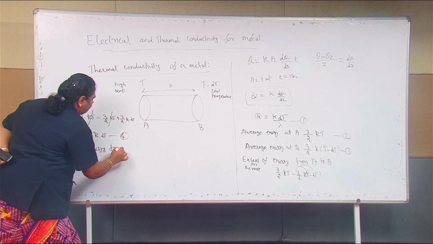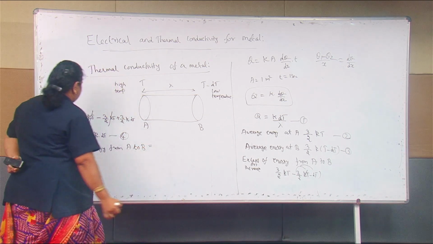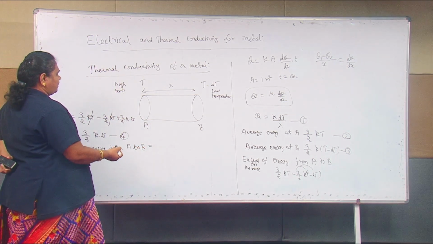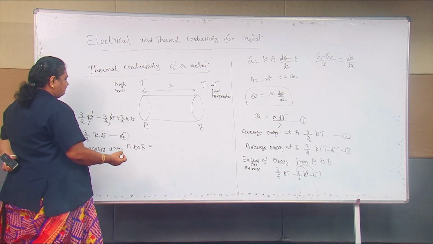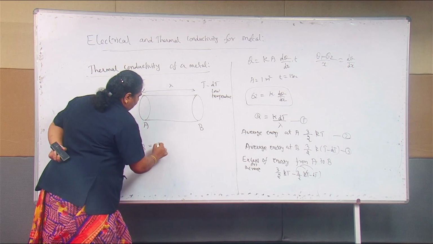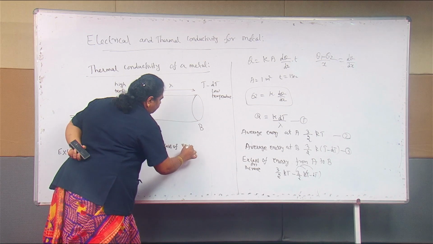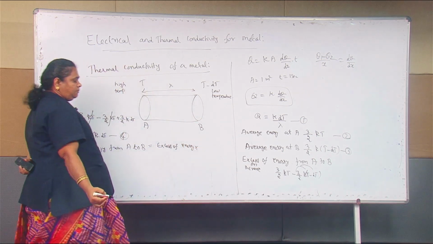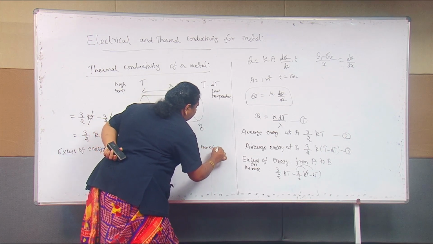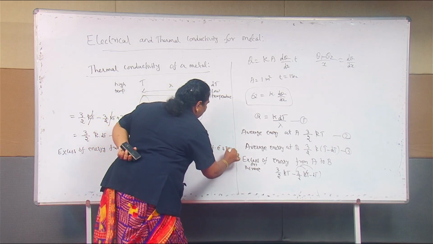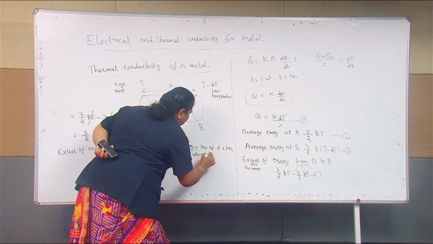The excess of energy from A to B can be expressed as, in addition to that, we need to multiply this by the number of conduction electrons per unit volume. So the excess of energy we already arrived at can be multiplied by the number of electrons per unit volume and area.